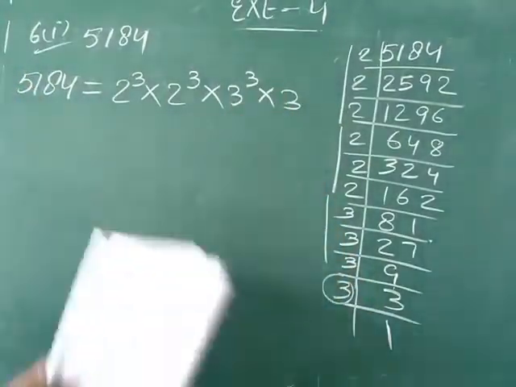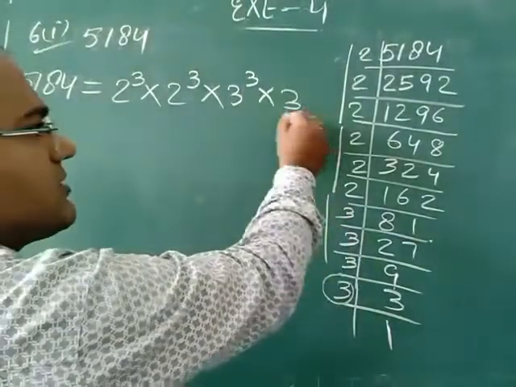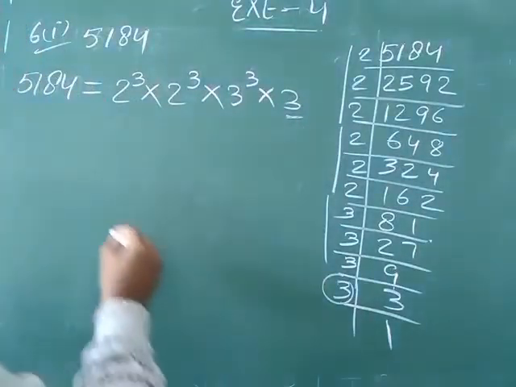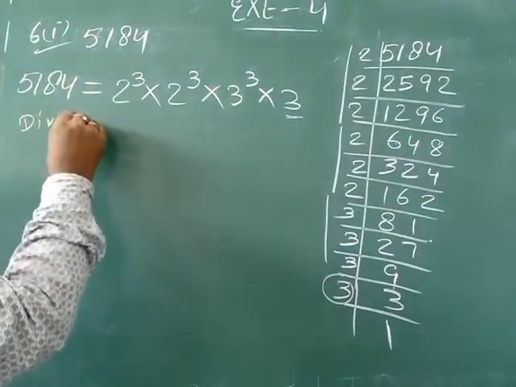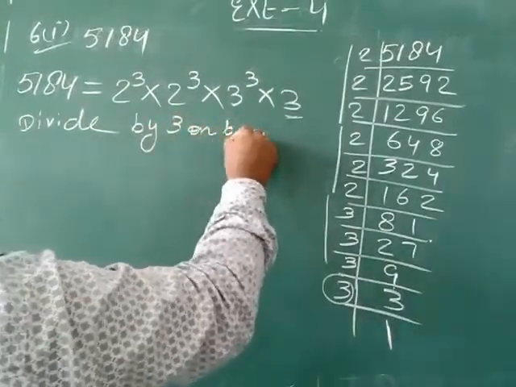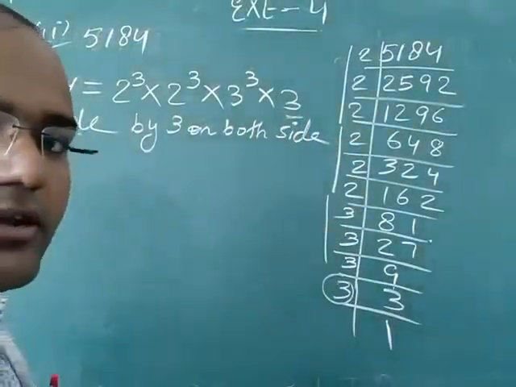So here we will observe this is not a perfect cube. Why? Because this 3 is not having power 3, इसलिए perfect cube नहीं है. Now you have to divide by 3 on both sides.